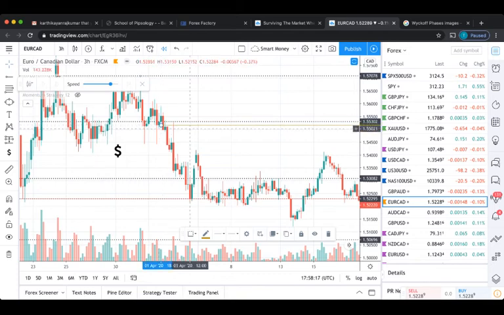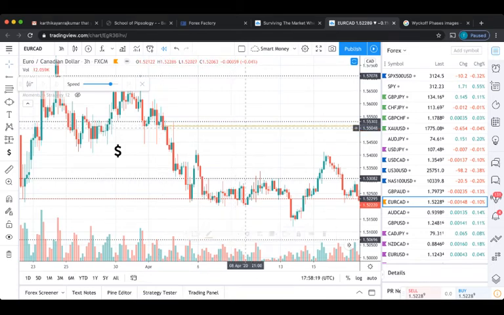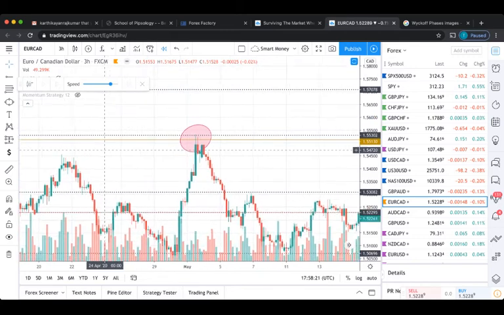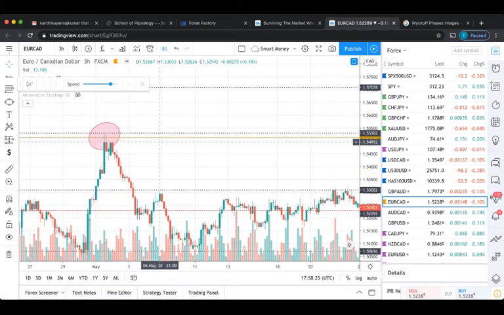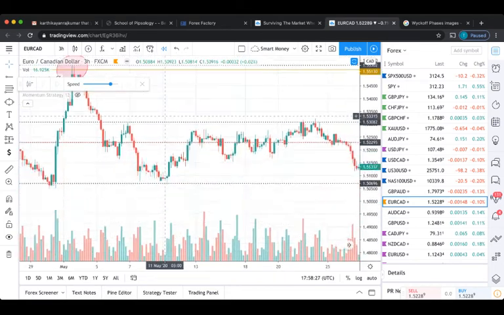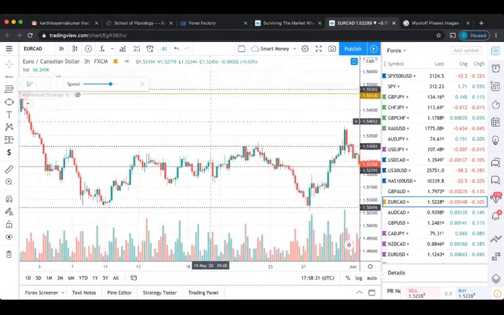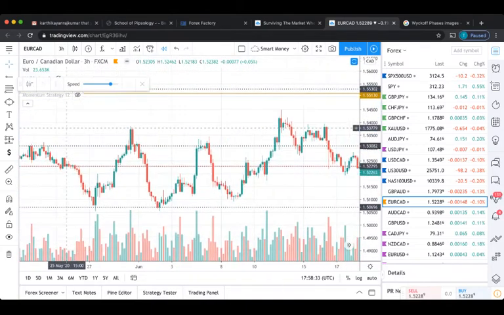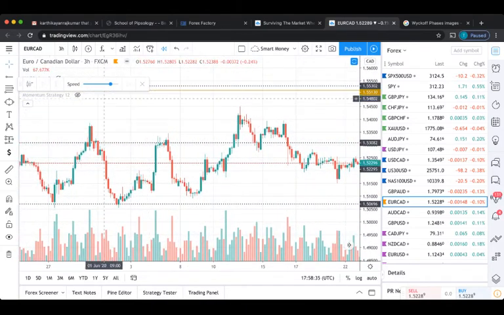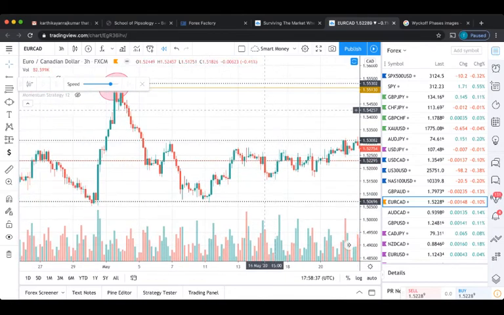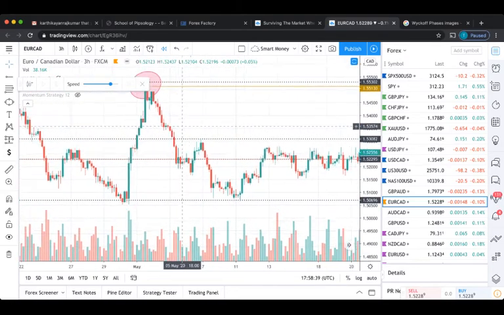I probably would have set my entry along the wick. Because look, it snipes that wick, and then boom, takes off again. And now you hit your targets again. And now here's the thing, it just continues to hit those targets.